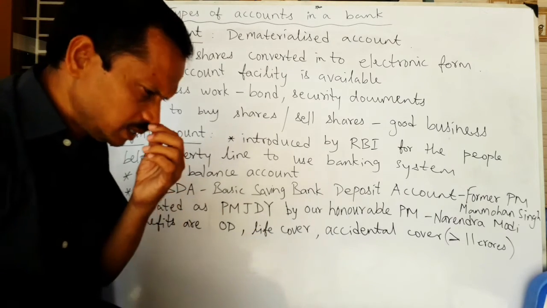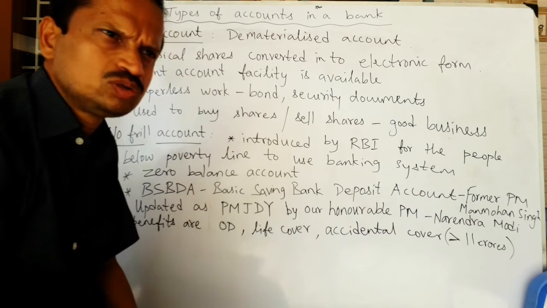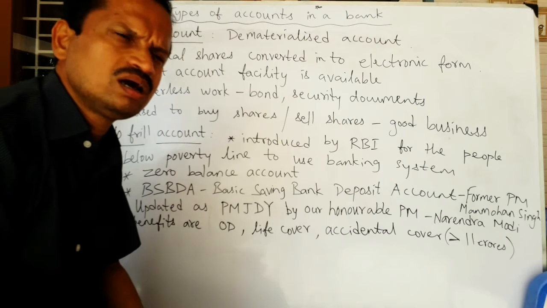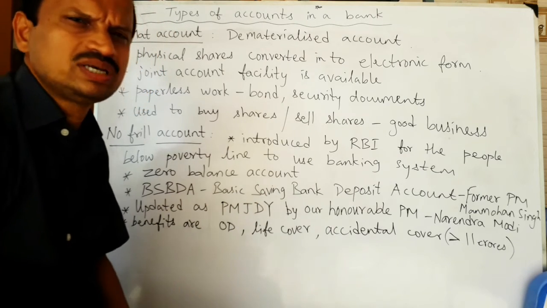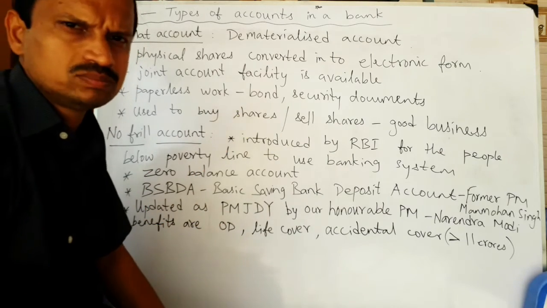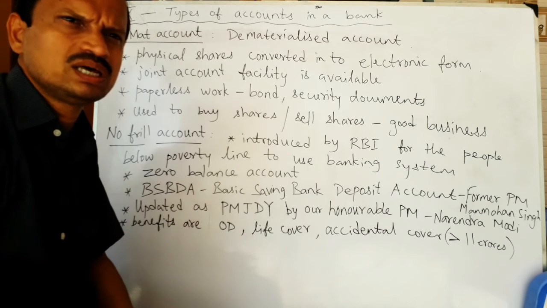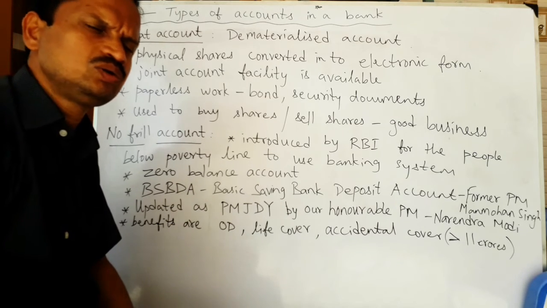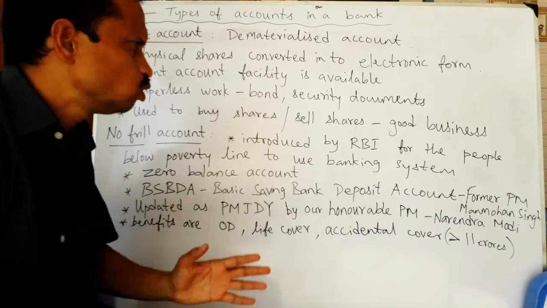And when we want to sell it, at that time also we have to produce that bond, and then we can sell that share. So this is the physical shares. The physical shares are converted into electronic form, so nowadays in digital form it is very easy to transfer the amount and to sell and buy the shares, everything. So nowadays it is a well going business.